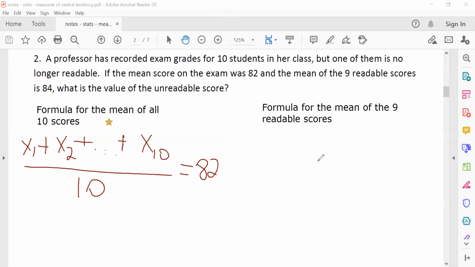So the mean for that, it's just going to be the first 9 scores, all the way through the 9th score. And we'll call X10 the score we're missing that we're trying to figure out. Now we would just divide that by 9, and what should that come out to?